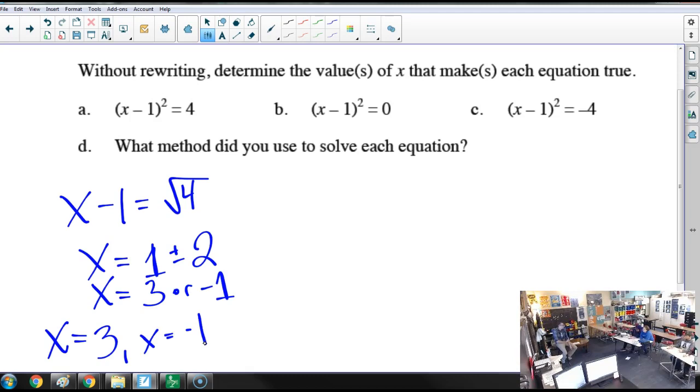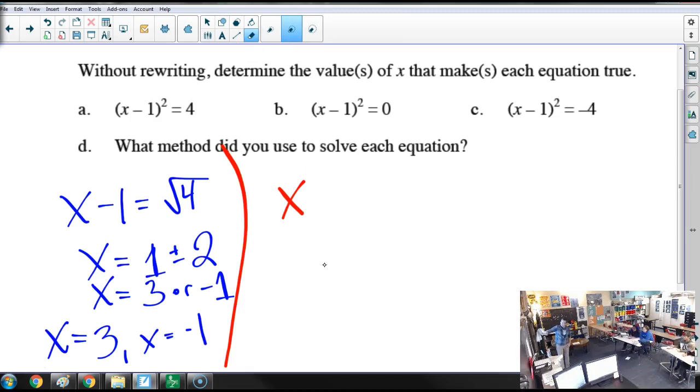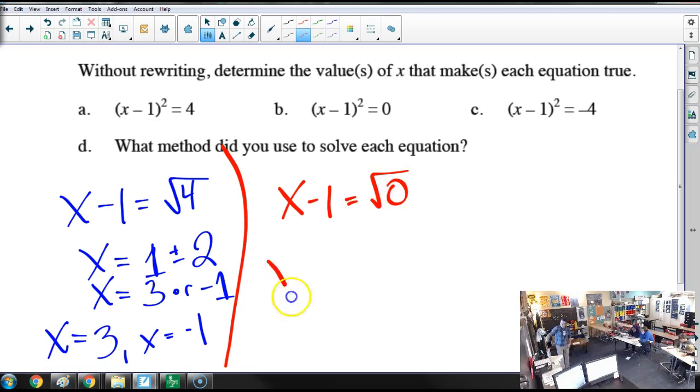I don't think C is possible. Negative 4. So it's not possible. Just use imaginary numbers. That is fine. Oh, square root of 0 is 0, right? So is there only one solution here?